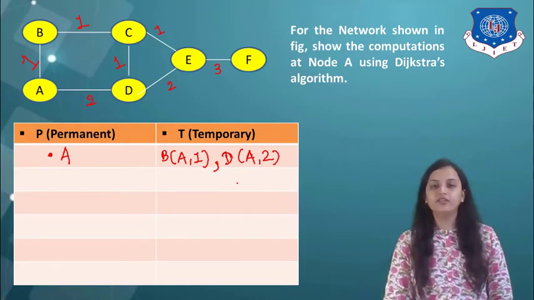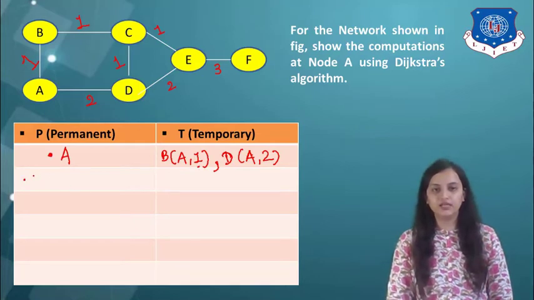Now when we have these temporary nodes, you need to shift these values to the permanent side by selecting the smallest value. The target is to send all the nodes to the permanent side. Once they all reach the permanent side, we have to stop this procedure. So from these two values, the smallest value is 1. So we have to shift it to the permanent side.